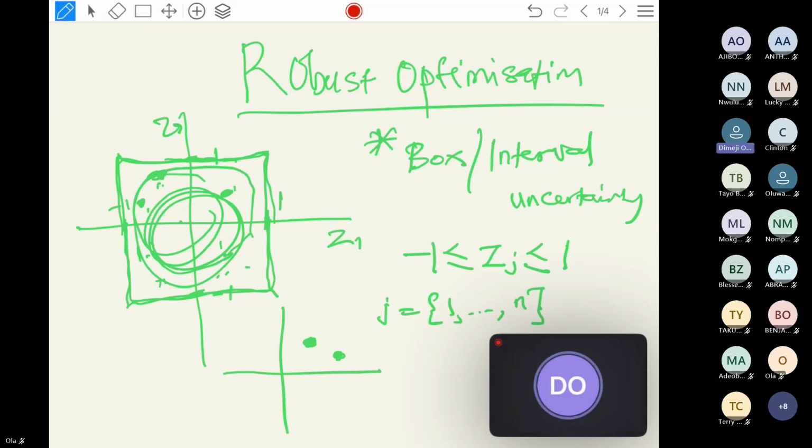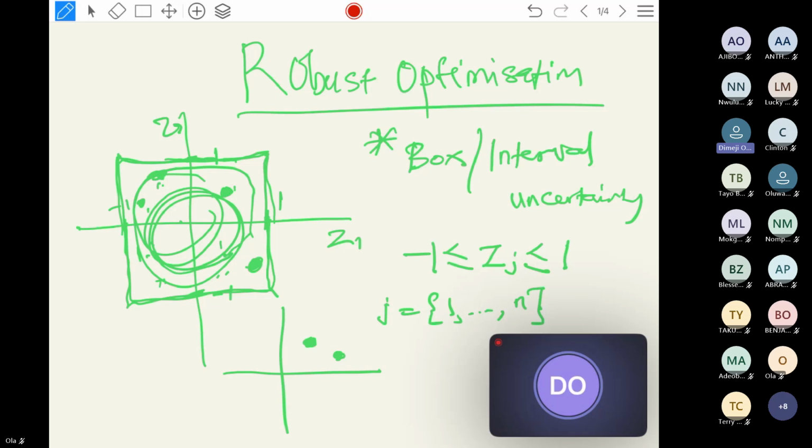Whereas if you used robust optimization and you consider uncertainty, if tomorrow your point comes to this place, your solution is going to be optimal. It's going to account for that uncertainty.